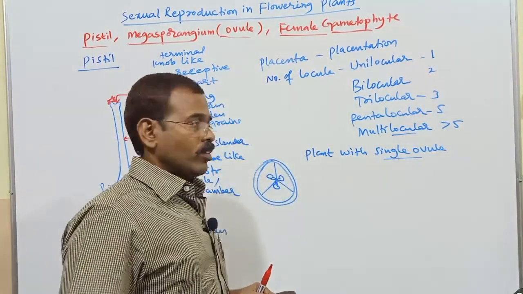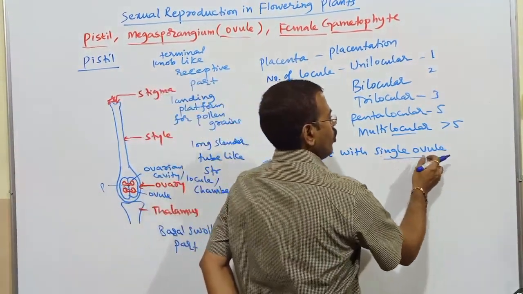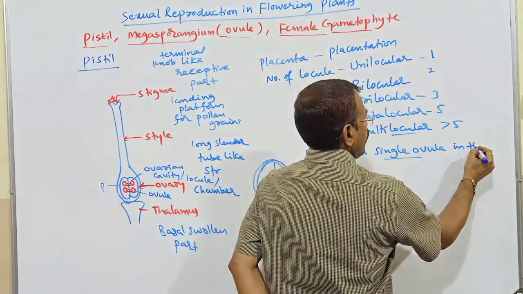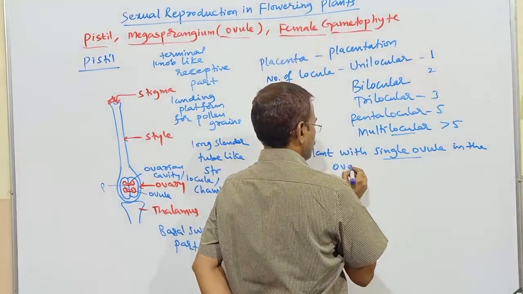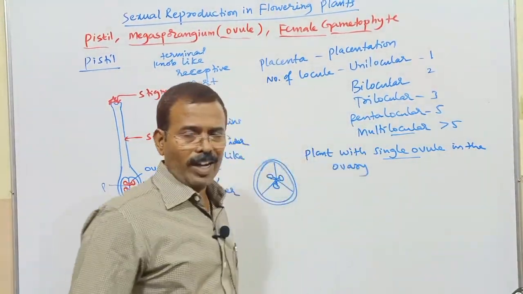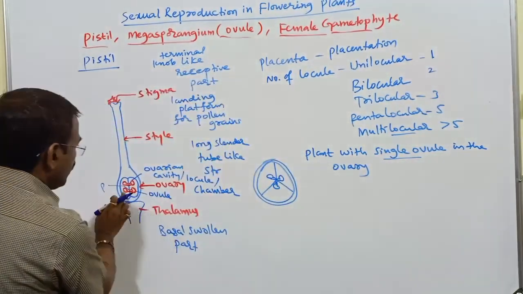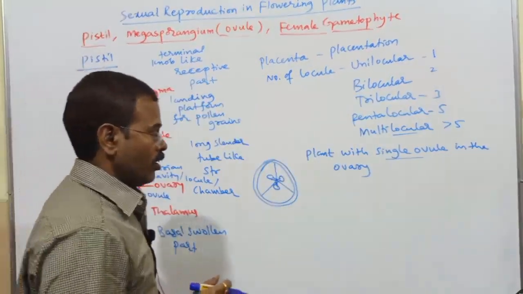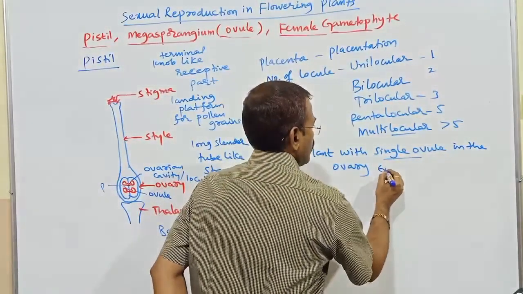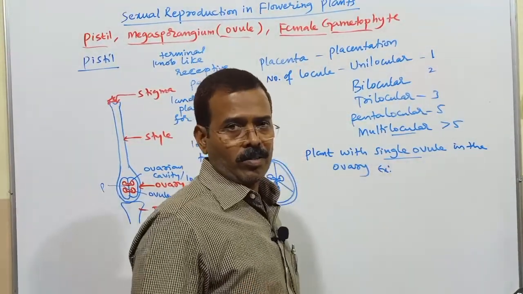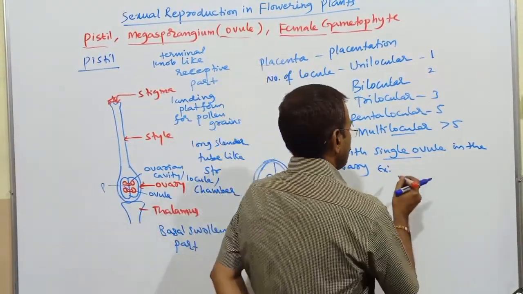So here, the number of ovules in a locule is variable. Plants with a single ovule in the ovary: single ovule will be there. These are examples you want to remember, very important.